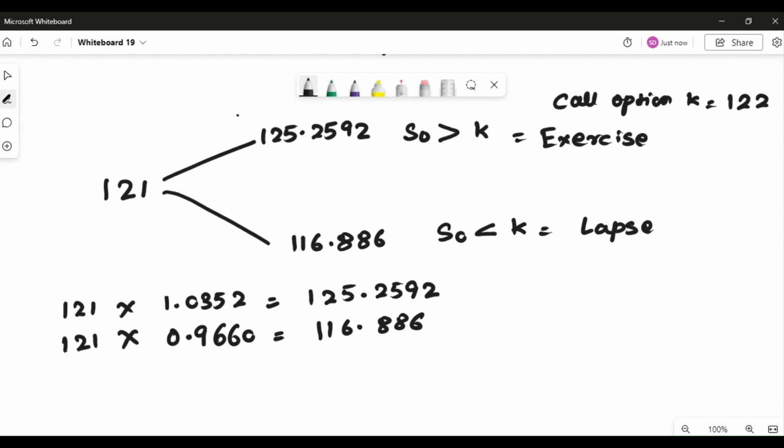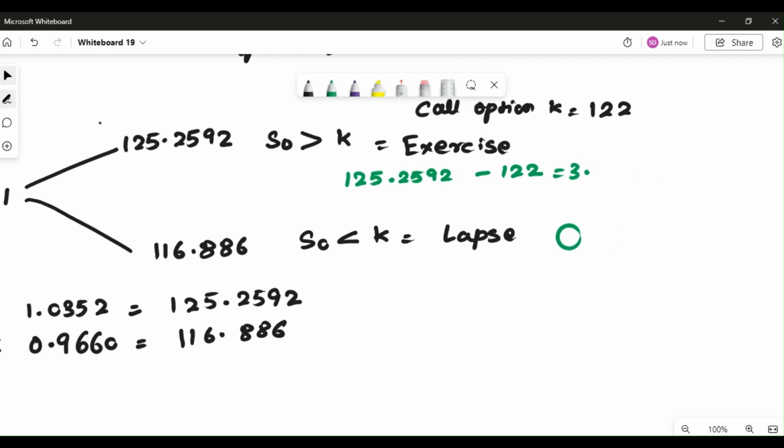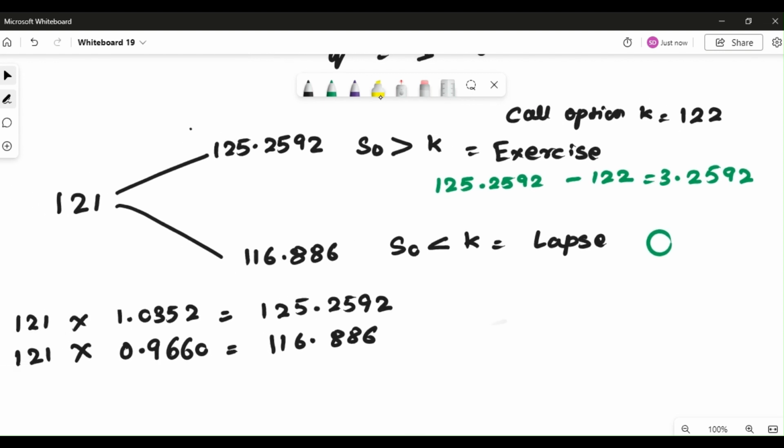So if it is going to lapse, we will have it as 0, and if he is going to exercise, we want to know how much his payoff is. The payoff will be 125.2592 minus 122, which will give you an answer of 3.2592. And that's the payoff if he is going to exercise.